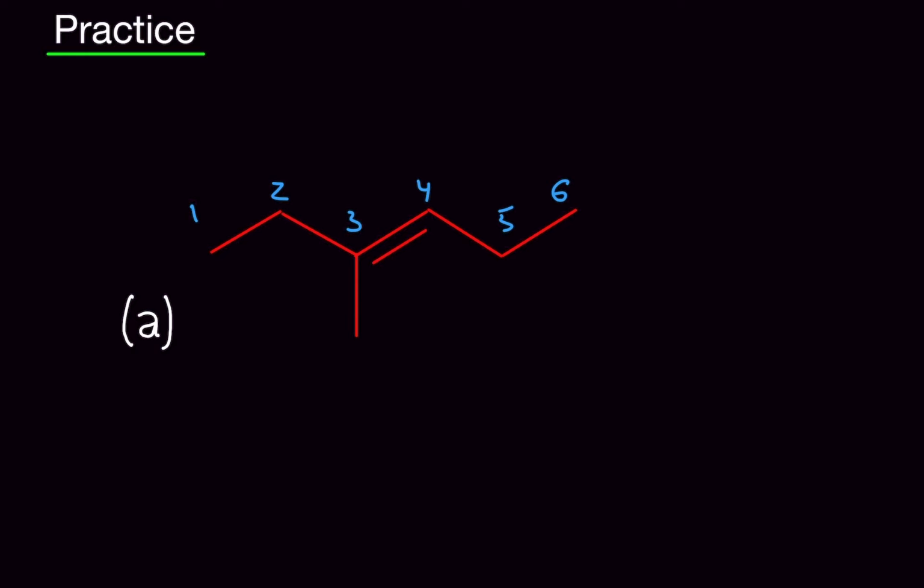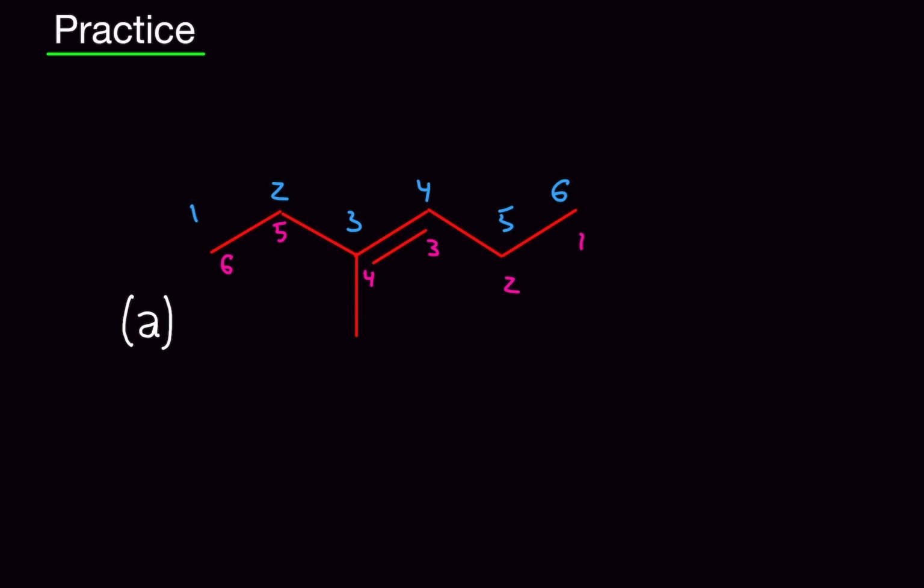Now you're maybe wondering, can I number it the other way around? What if I do this? 1, 2, 3, 4, 5, 6. You'll notice that both ways, both directions I go, the double bond is on carbon 3. It's 3 here and 3 here. But which way is correct?